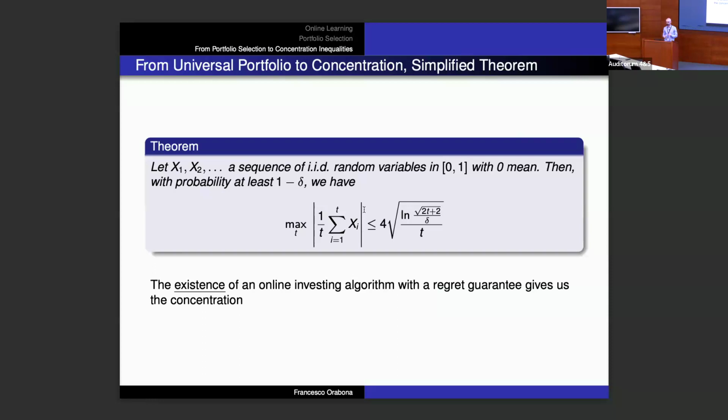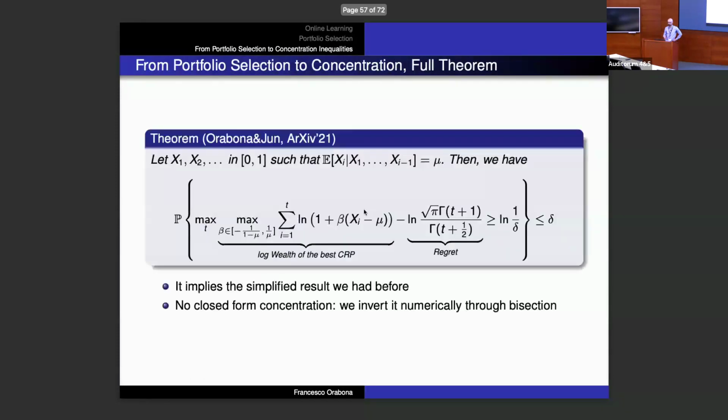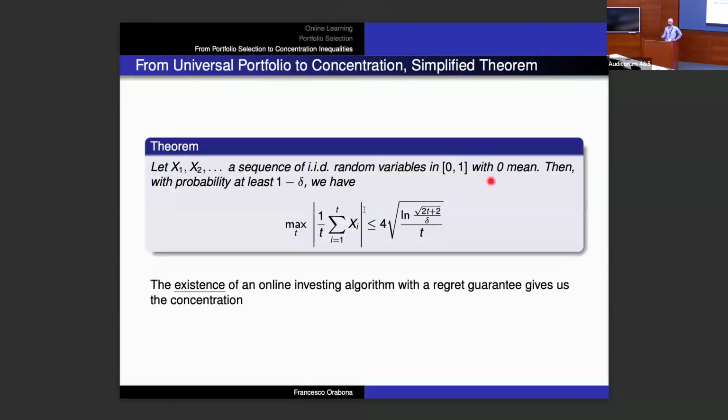Now again, I told you this is not an interesting concentration in any sense because it's known to be suboptimal, so there's nothing very interesting going on. But we can do better. So first of all, here I had said the random variables have zero mean. This is not what we are interested in. We don't know the expectation of the random variable. So we want to put ourselves in the case in which the mean is unknown.